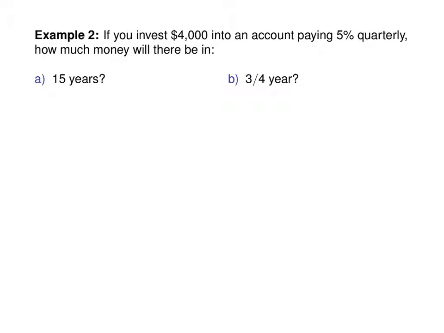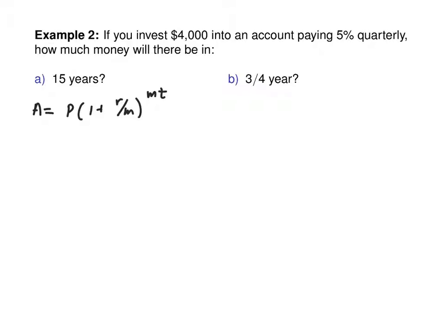Okay, so let's do this one. Suppose you invest $4,000 in an account paying 5% quarterly. How much money will there be in 15 years and 3/4 of a year? I personally prefer the P times 1 plus R over M to the MT formula. That's my personal preference.